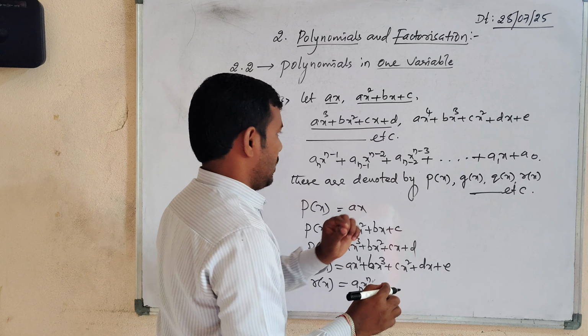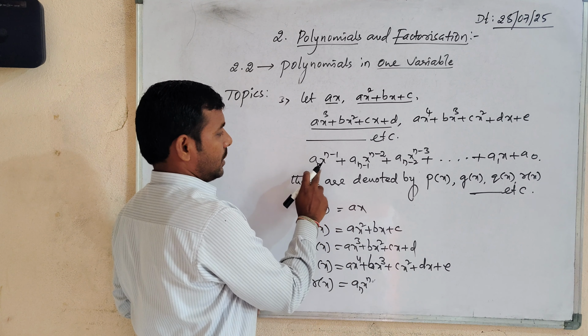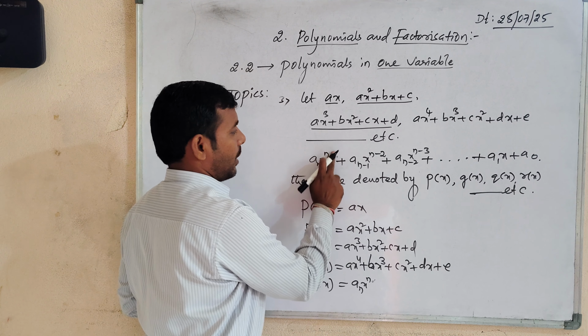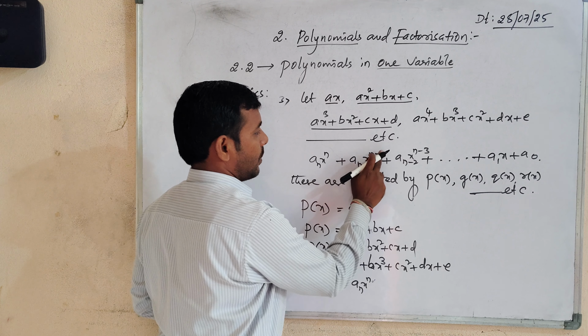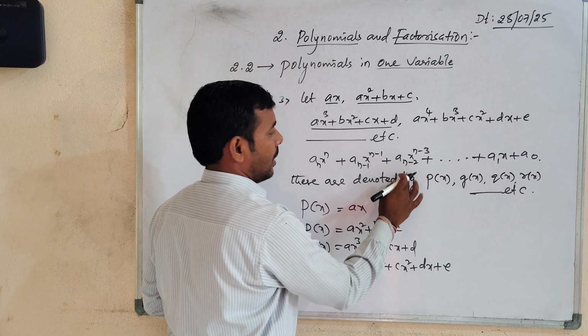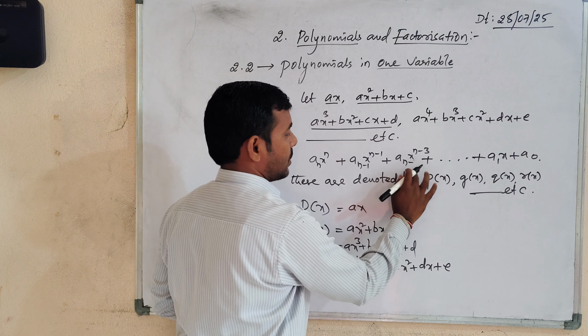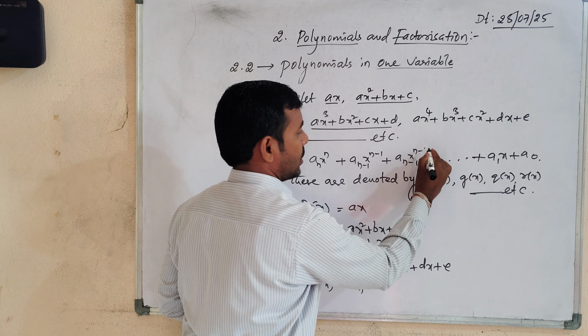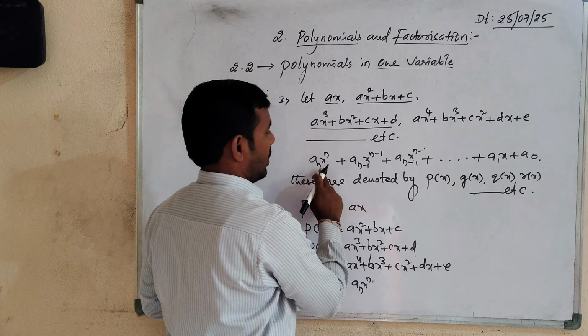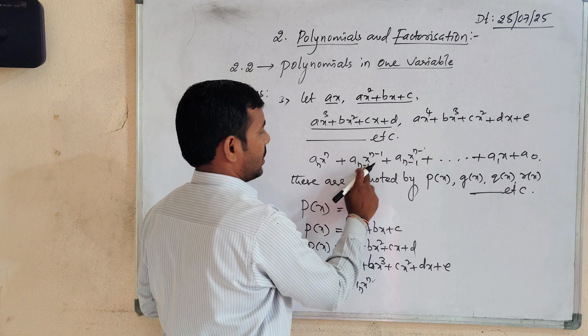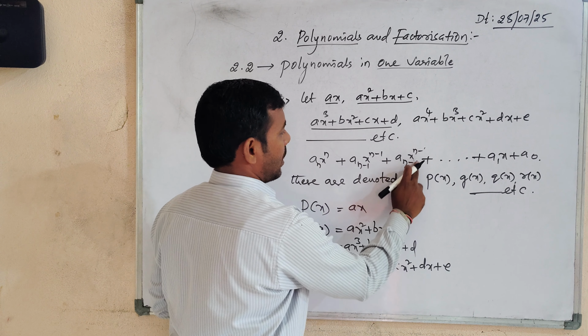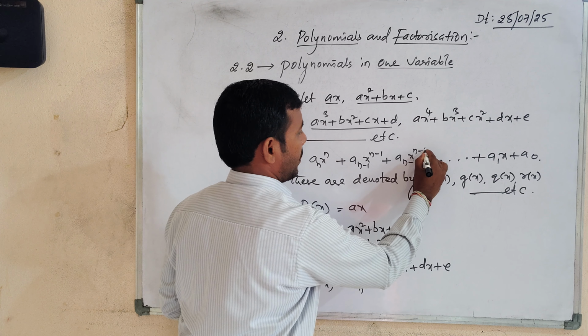See, small mistake in this. An x to the power of n, An minus 1 x to the power of n minus 1, here n minus 2 x to the power of n minus 2.